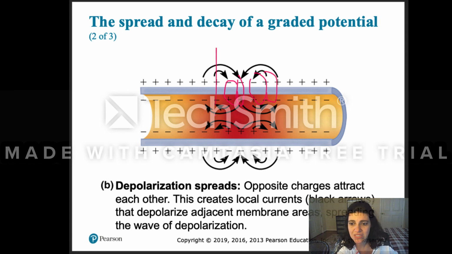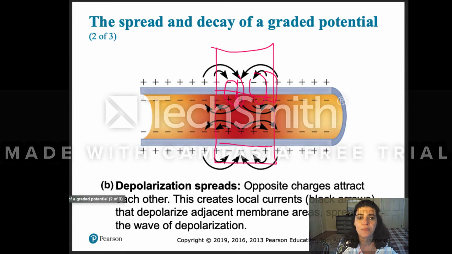But it's localized. It's not going to go anywhere other than this part of the plasma membrane. So this is an axon, right? So this is one plasma membrane, that's the other side of the plasma membrane from the axon. So the depolarization doesn't spread much further when you have a graded potential, because these are slow potentials, okay?